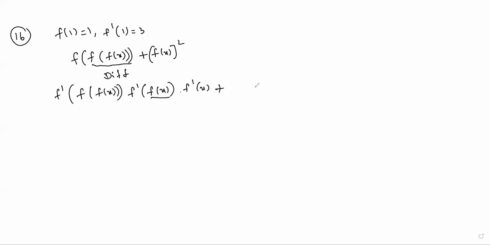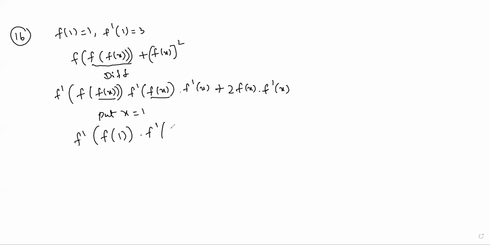Now this F of X whole square means what will we get? 2 F of X into F of X derivative, which is F dash of X. Now I am replacing X value with 1. Now what will we get here? F dash of F of 1. If you substitute 1 here, F of 1 is nothing but 1 only.